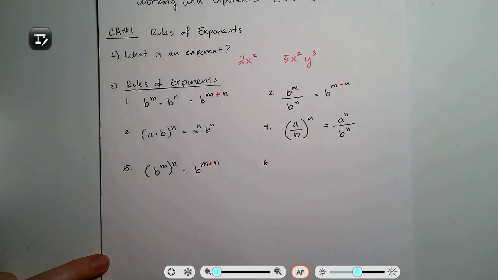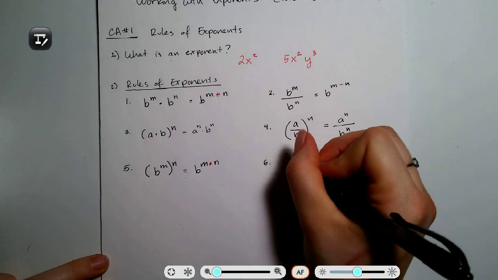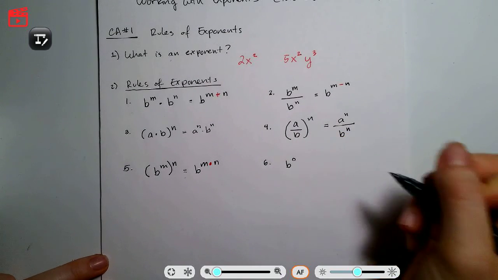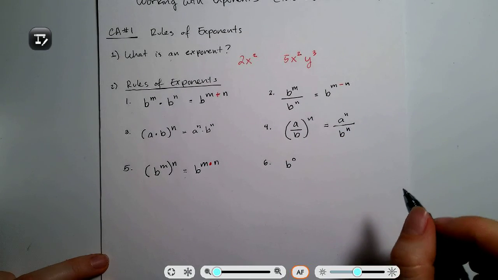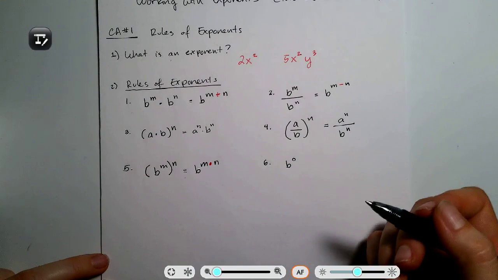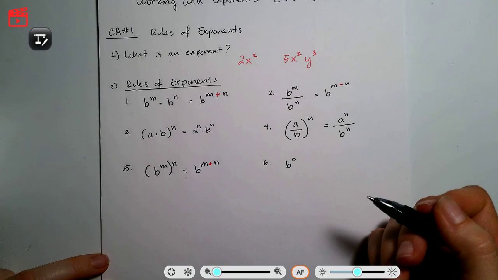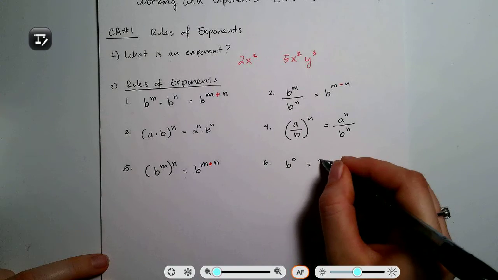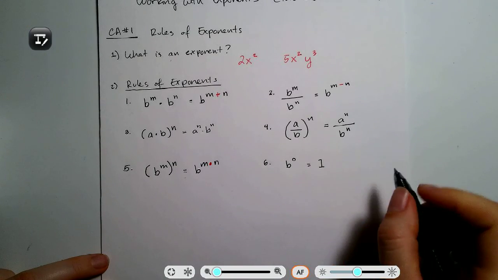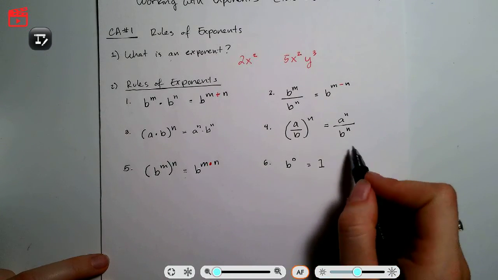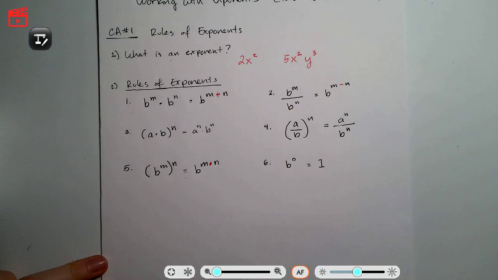All right, number 6. b to the 0 power. This one's interesting. Any number raised to the 0 power is always going to be 1. No matter what the base is, if you raise it to the 0 power, your answer will be 1.